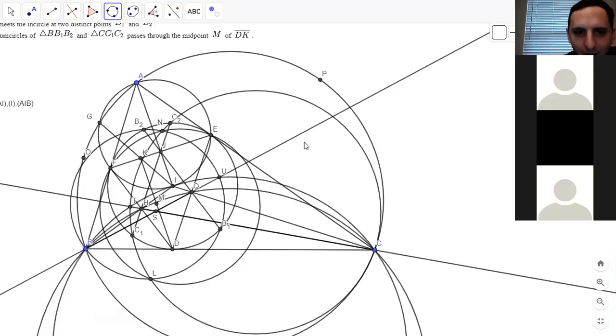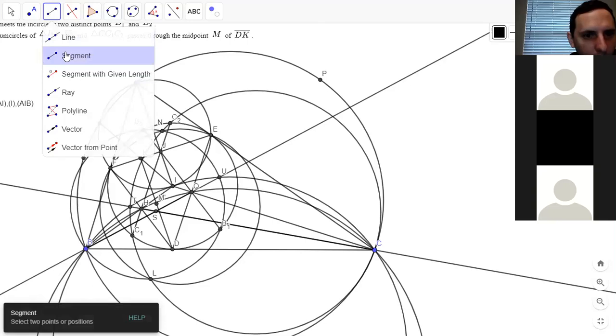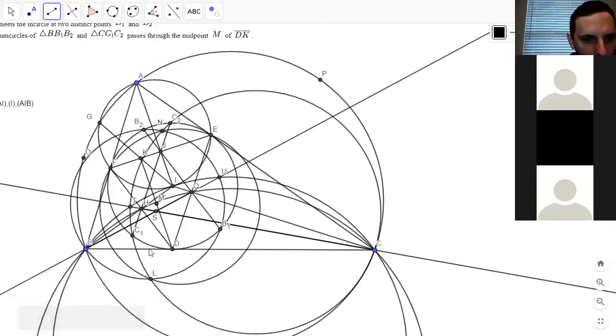So H lies on the radical axis. S lies on the radical axis. So now you just have to prove that J, M, and S are collinear. So you can delete all and we just need to prove S, J, and M are collinear. So I can hide.